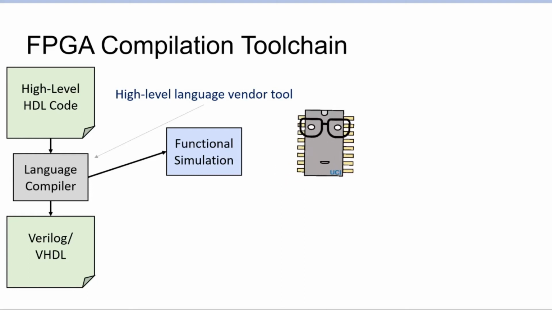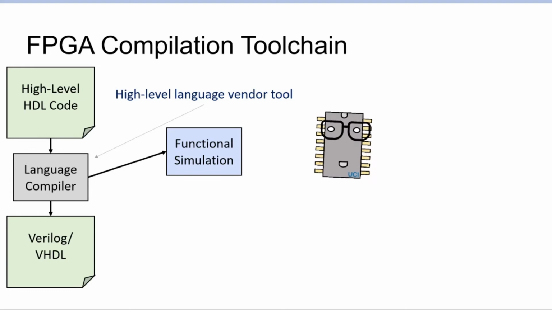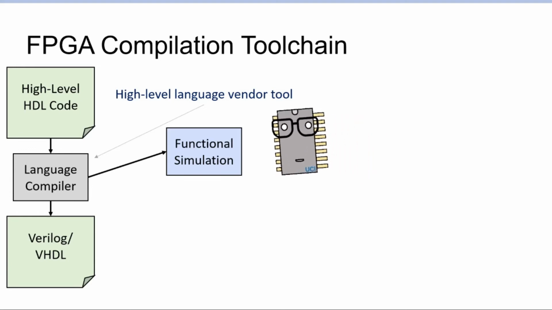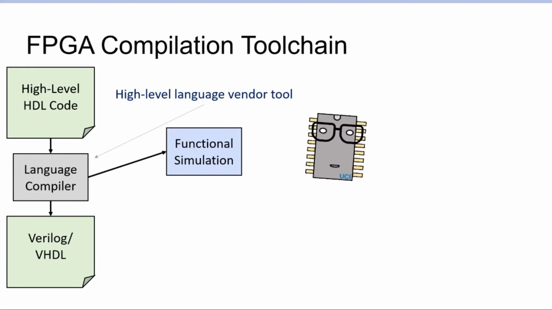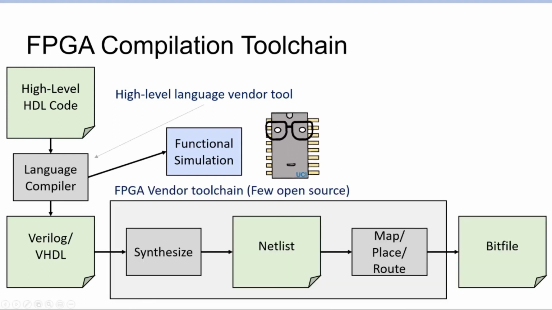It also supports a lot of high-level debugging functionality like breakpoints or printfs, which are very useful. We're going to be talking about functional simulation in Bluespec in a bit. But anyways, once you get to the Verilog, VHDL, the RTL representation of the accelerator you want to build, then you make it go through the FPGA vendor toolchain.